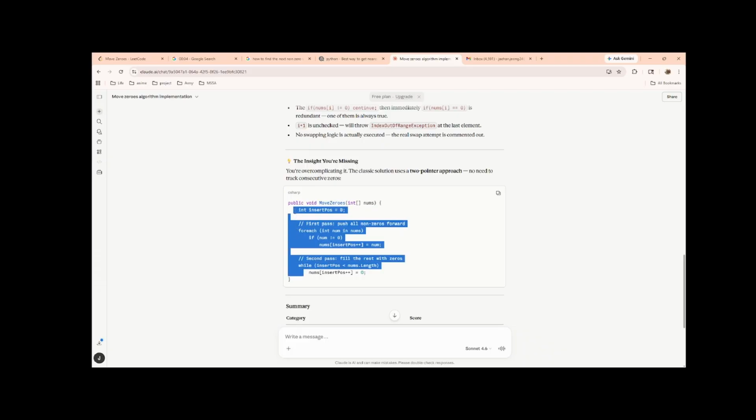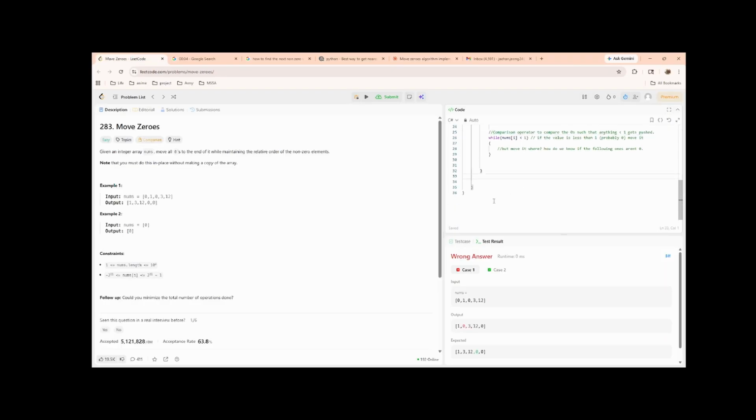So what I'm curious about is how this functions with the test answers. So let's say 0, 1, 0, 3, 12. For each number in nums, if the number is not 0, nums at insert position.